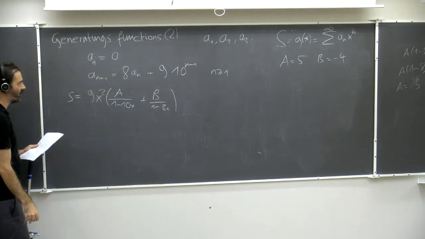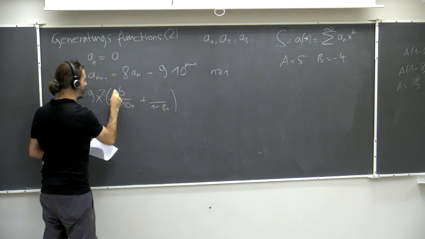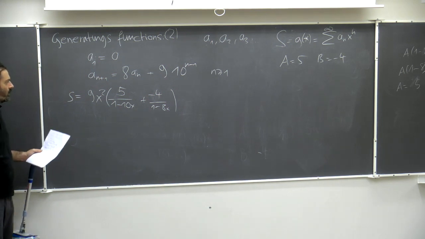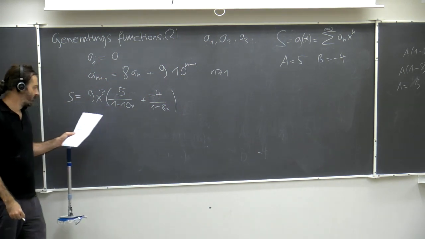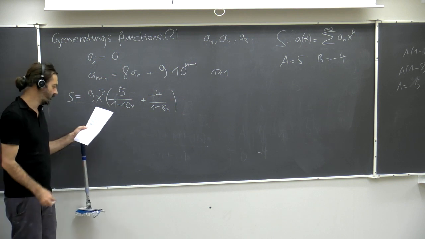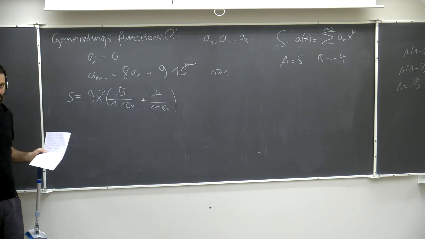So this was our equation, but now we know a and b, and we can plug in 5 and -4. Oh, this is nice. Why is this nice? Because we can write whatever is written here as a sum.